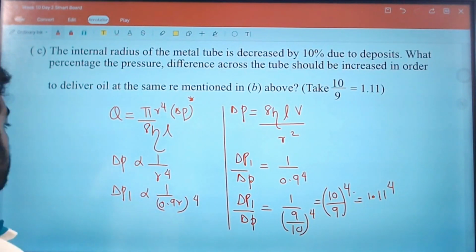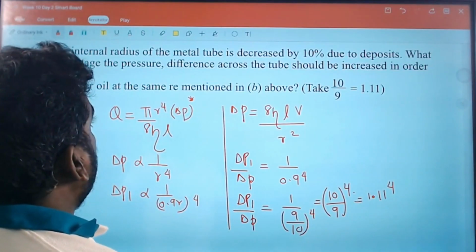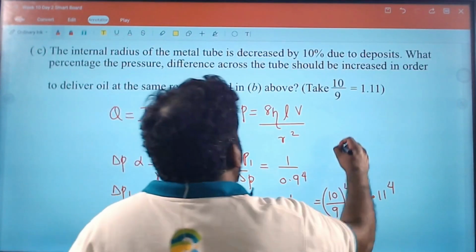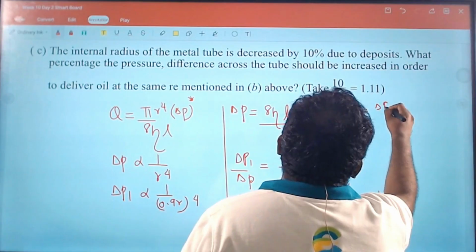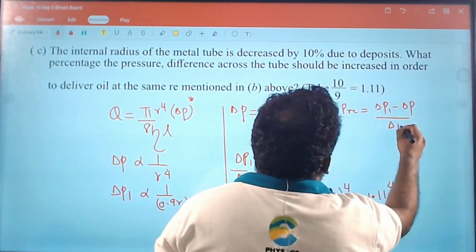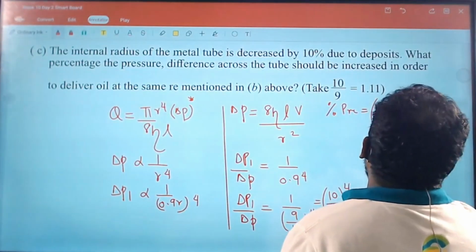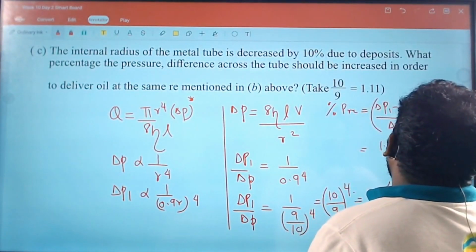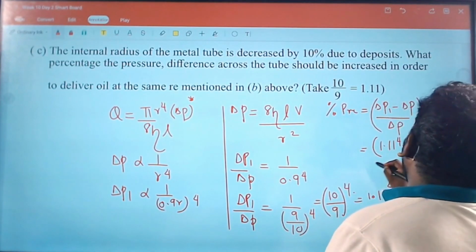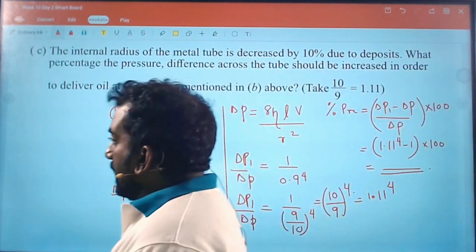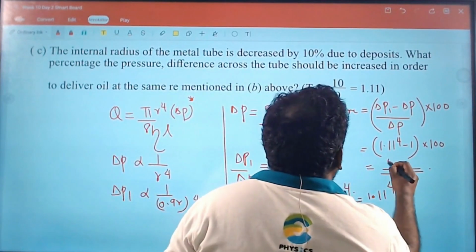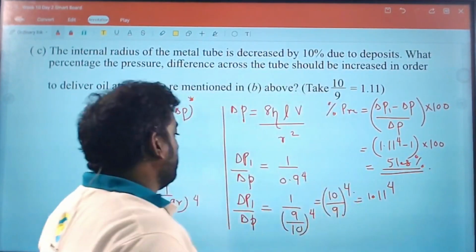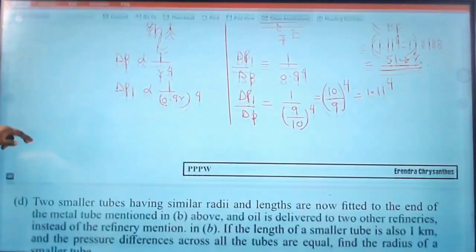Percentage increase in pressure is delta P1 minus delta P divided by delta P into 100. 1.11 to the power 4 minus 1, into 100. 61.8. It's a simple problem. 61.8.